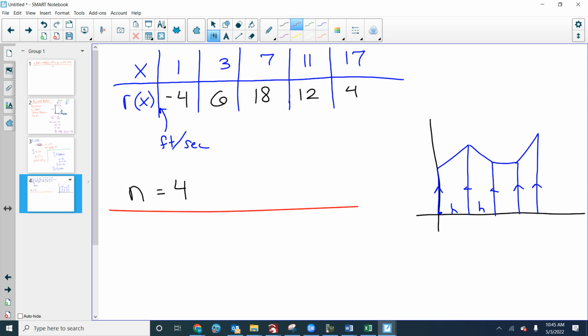If we're approximating displacement, approximate displacement on the interval from 1 to 17.